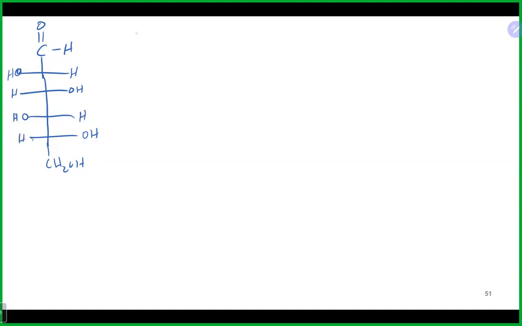All right, for this one, why don't you do the alpha and draw it in cyclic form? Then why don't you also do this one?